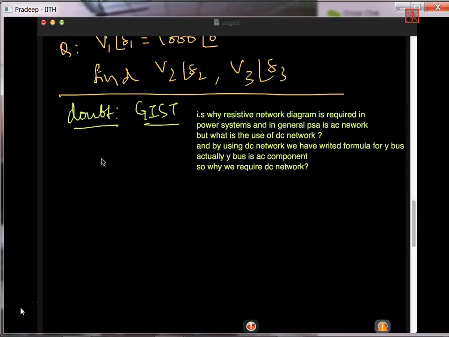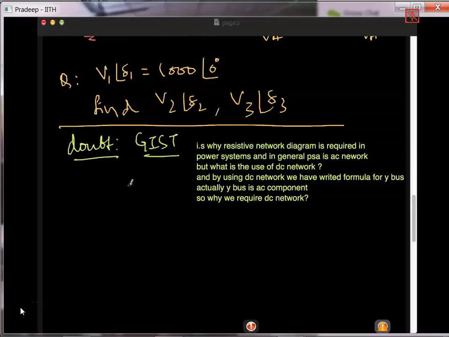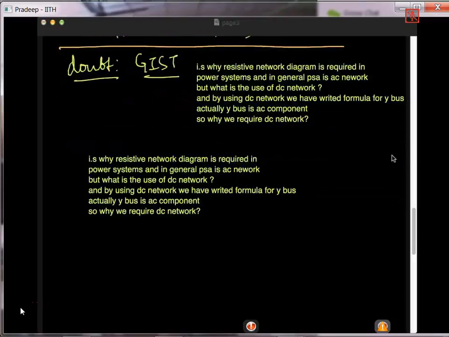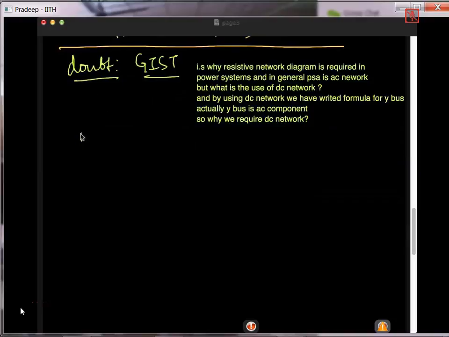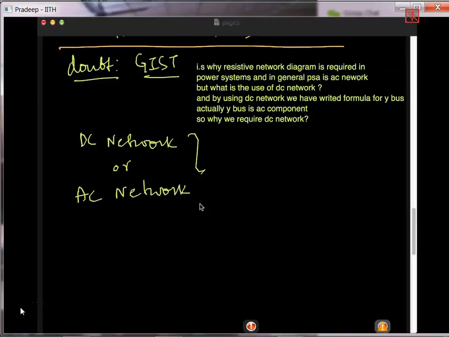So for a DC network or an AC network, Ohm's law works on both.